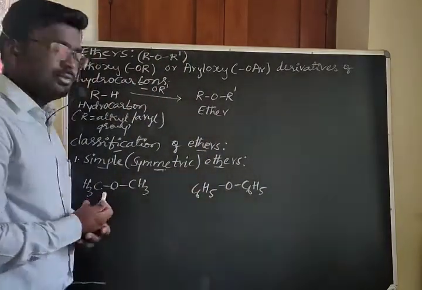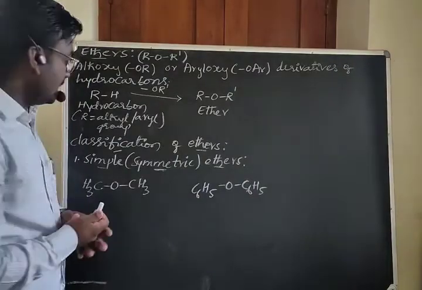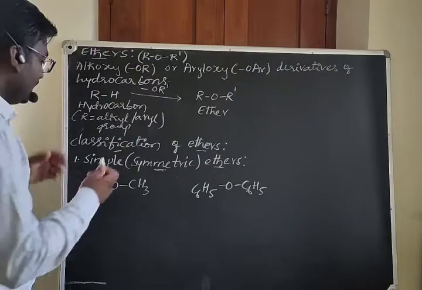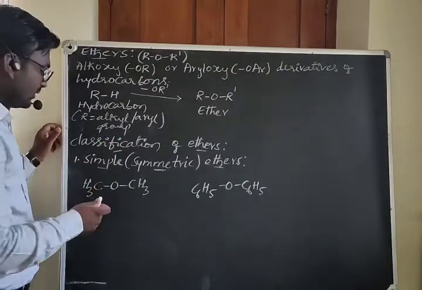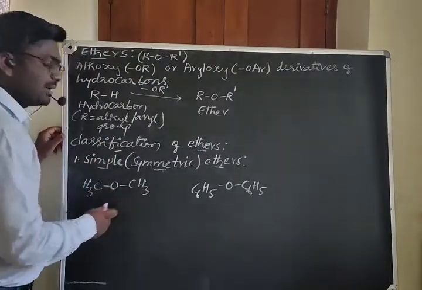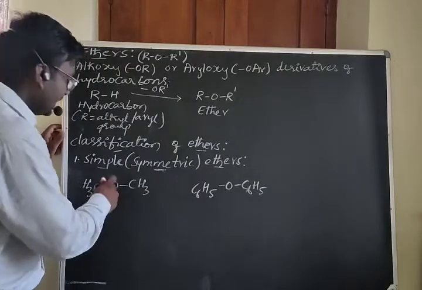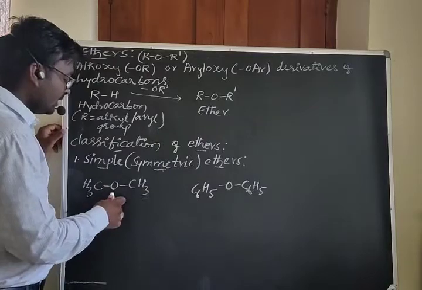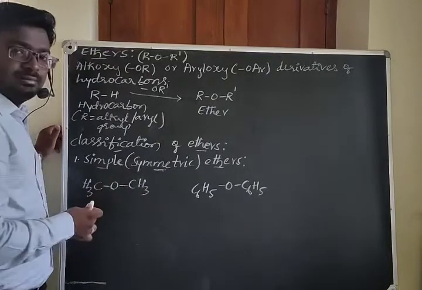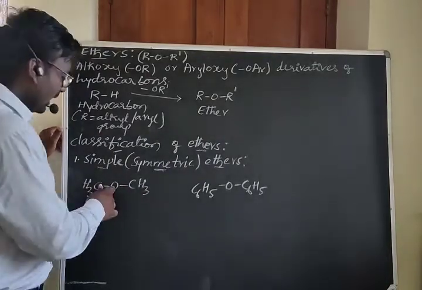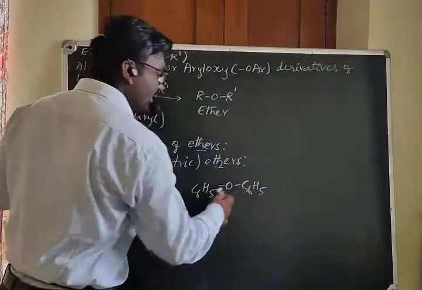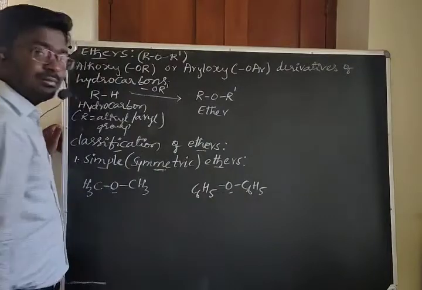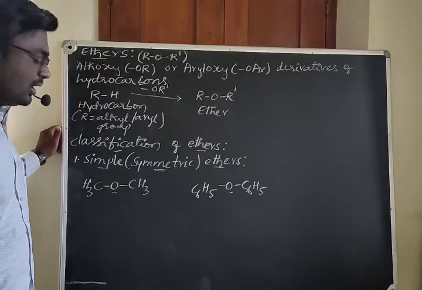See what you are observing from these two. Symmetric ethers consist of two similar or same alkyl or aryl groups on either side of the oxygen atom.